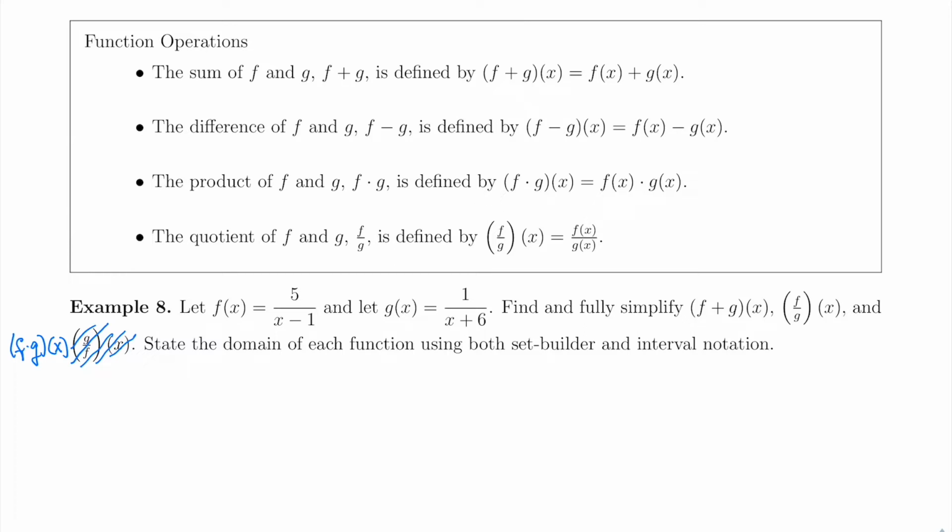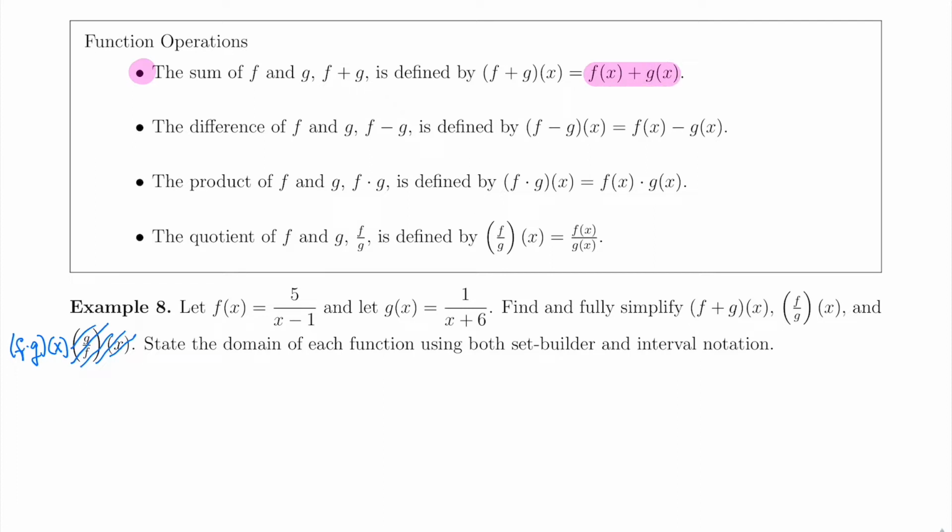We are basically taking each function value and doing the operations on that. So the official definitions are shown right here. I'm going to start with addition. If we add two functions, that means at every point x of the domain of the function, we are simply adding the function values of f and g.